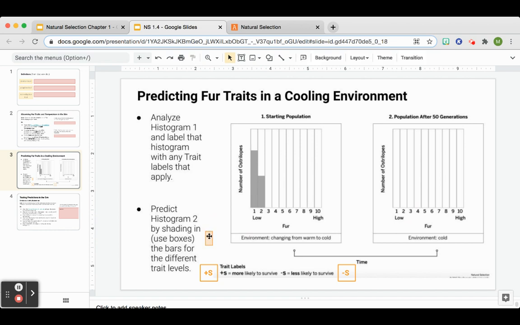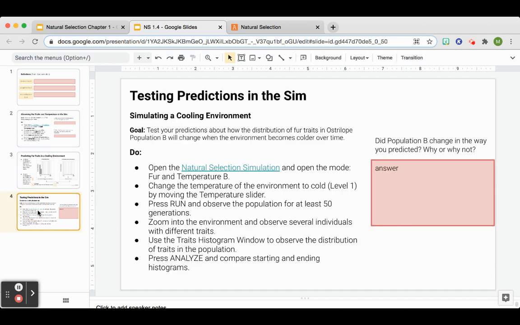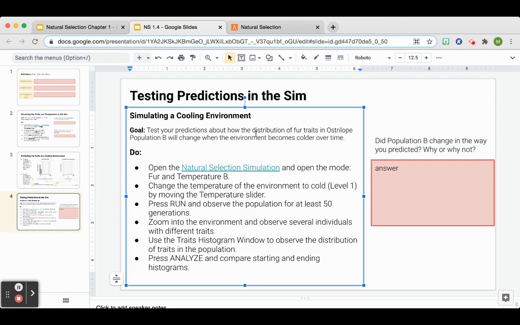You can just put them wherever on the graph, up to you what you think. It's just a prediction. And then down here, you'll use the simulation to test your prediction. You'll test to see the distribution of the fur traits, how they'll change in the environment over time.